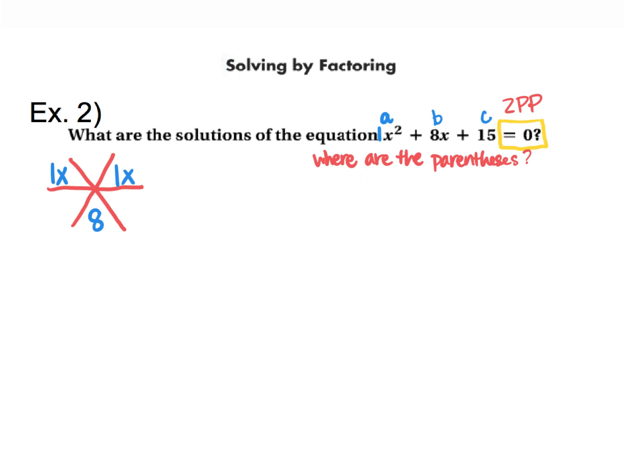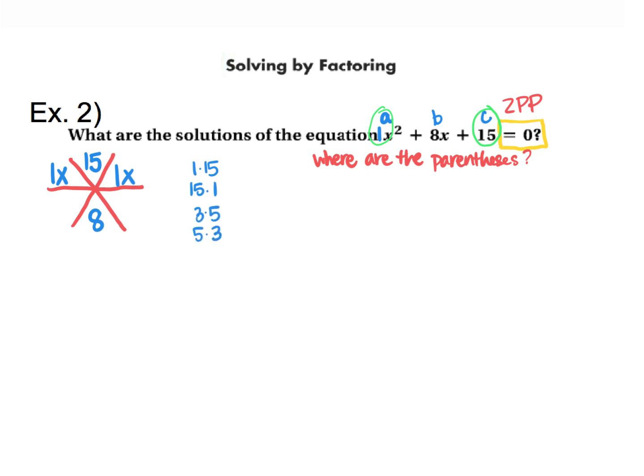And then the top is the combination of A and C. So 1 and 15 together, which is 15. And then we take that 15 and we think about all the ways we can make 15 with multiplication. Is it 1 and 15 or 15 and 1? Is it 3 and 5 or 5 and 3?